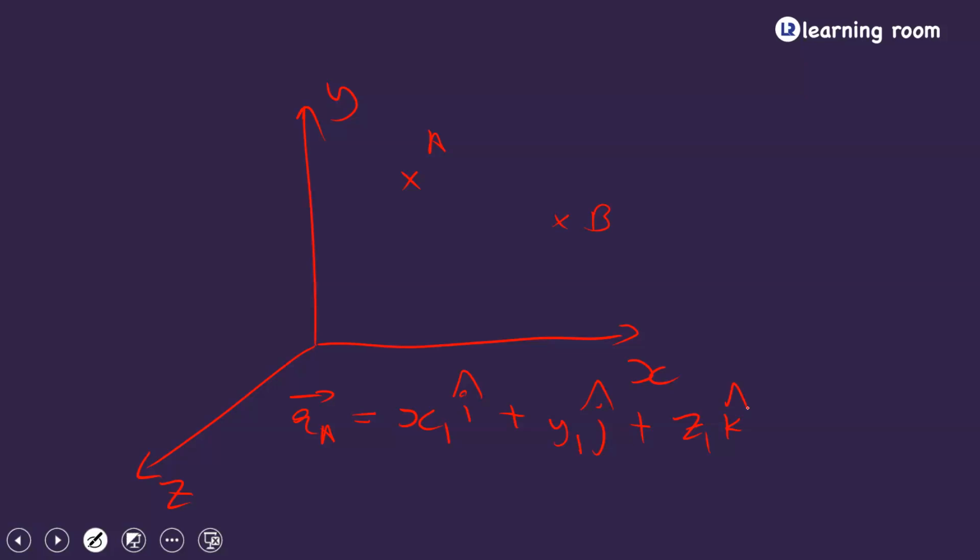Note this one. Anything with the cap, the I cap, is called a unit vector. You multiply the unit vector into a particular quantity, and it becomes the quantity.